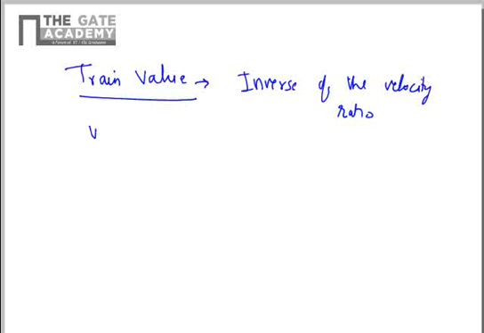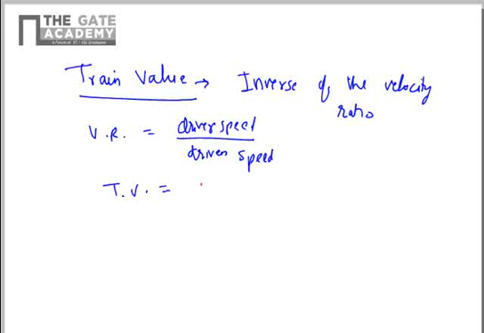So the velocity ratio is defined as driver speed by driven speed, and so the train value will be the reciprocal, driven divided by driver, the speeds of those. So driven is C, so omega C, that is NC by NA, is equal to TA by TC.